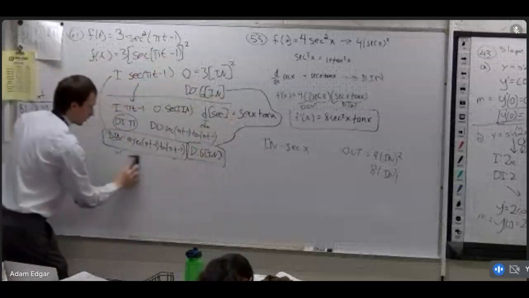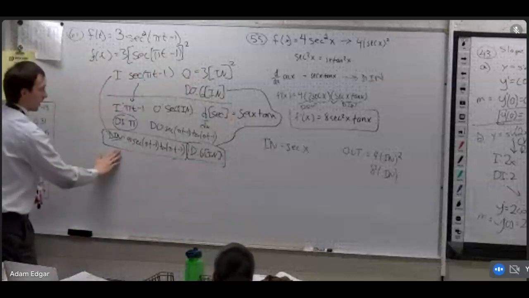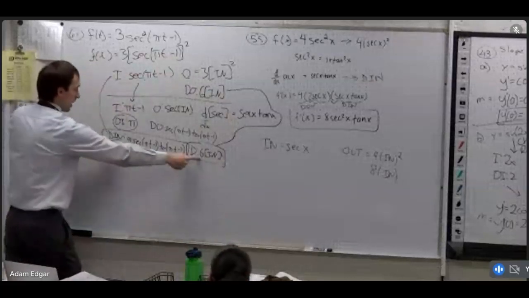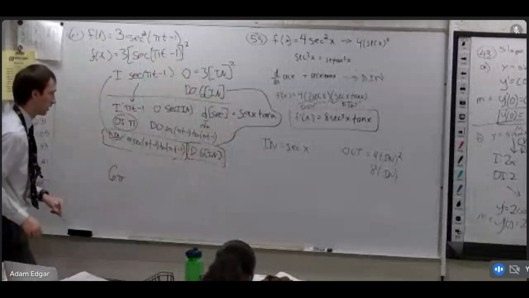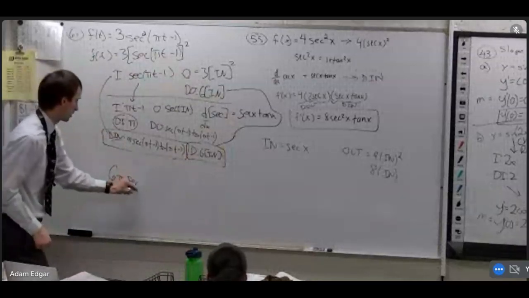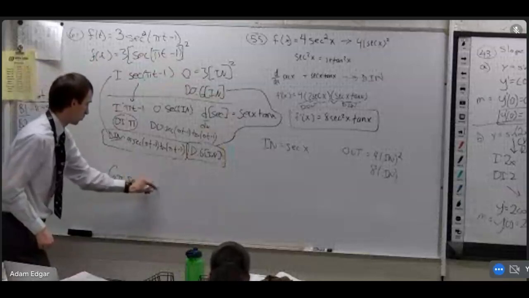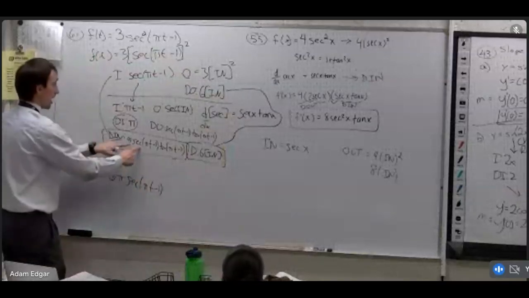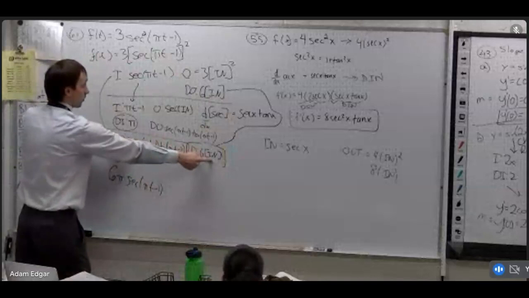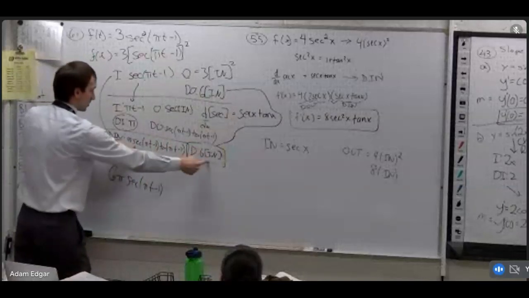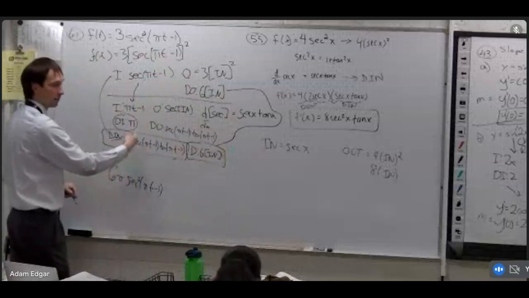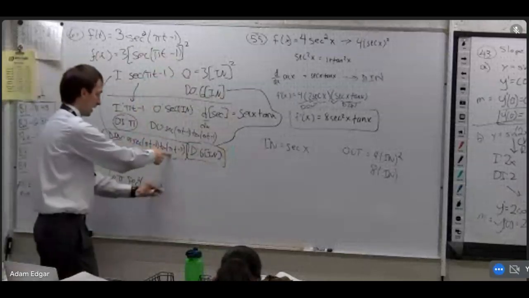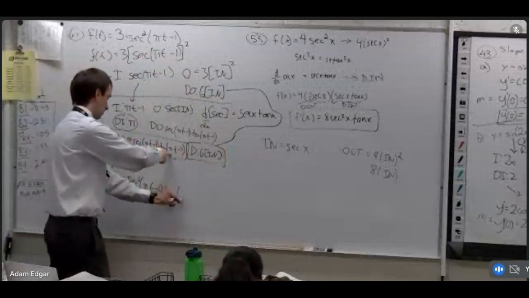So you can put that all together, and you have a 6 and a pi all on the outside of your trig function. So you got 6 times pi. And then you have a secant pi t minus 1, and another secant pi t minus 1 over here. So when you multiply secant times secant of the same stuff, what do you get? Secant squared of pi t minus 1. And you have a tangent of pi t minus 1.